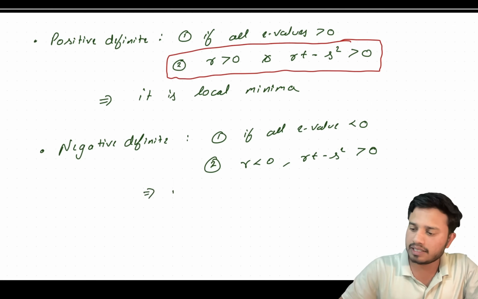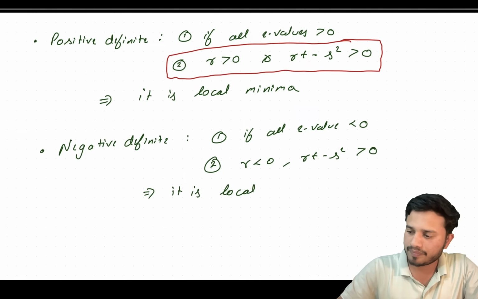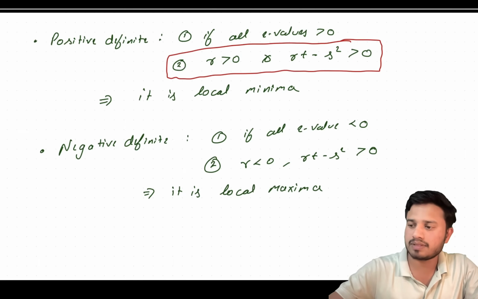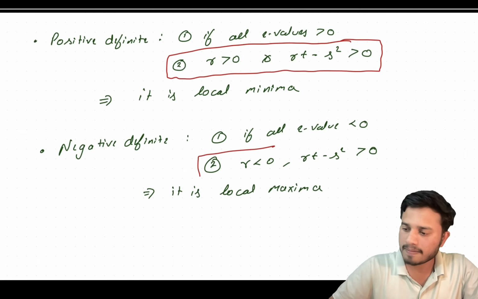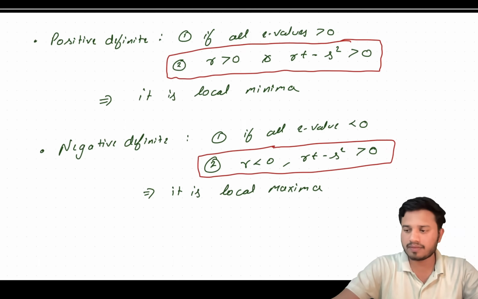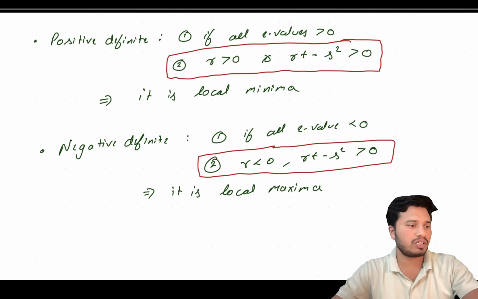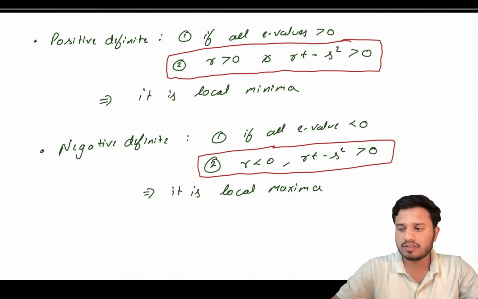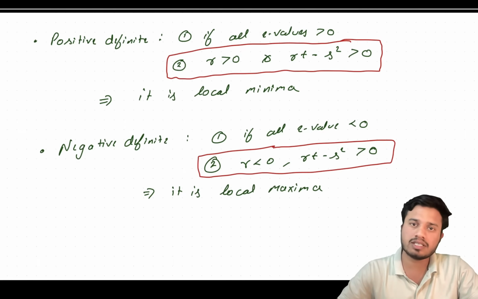Then we say that it is a point of local maximum. We will use only these two conditions, which are known as the criteria. We already discussed this, so we will use this when we have critical points.